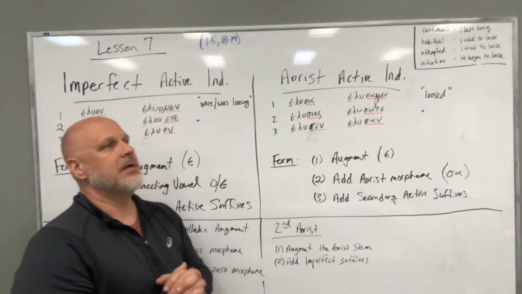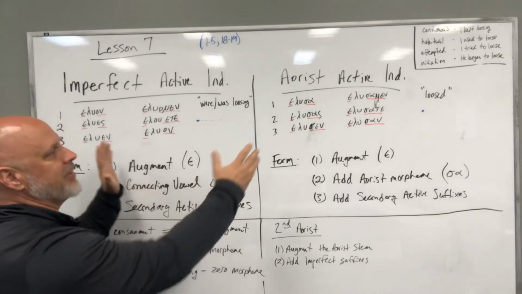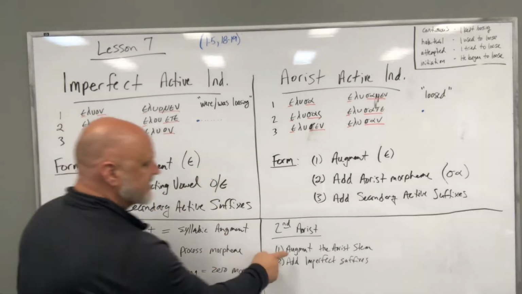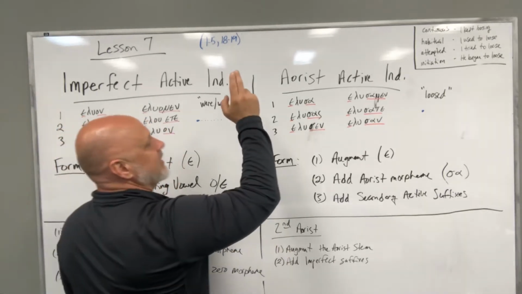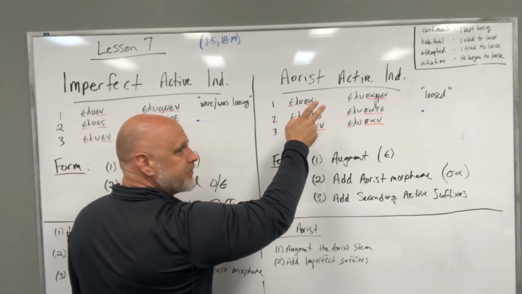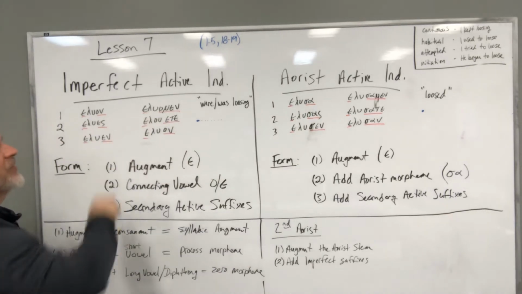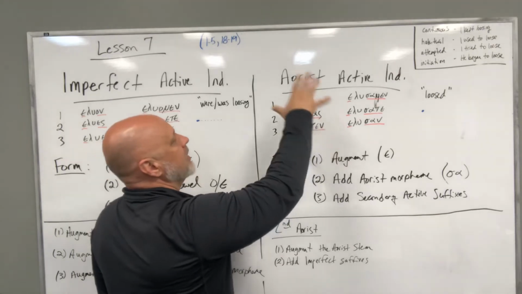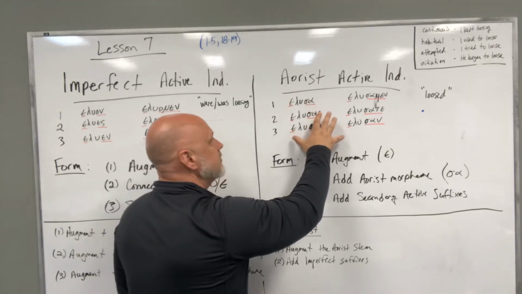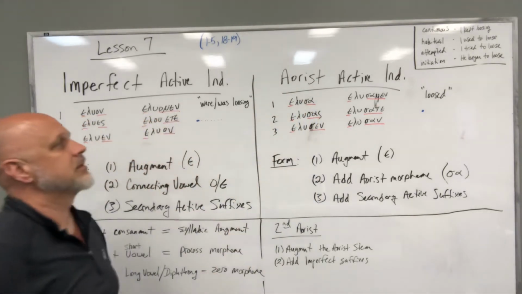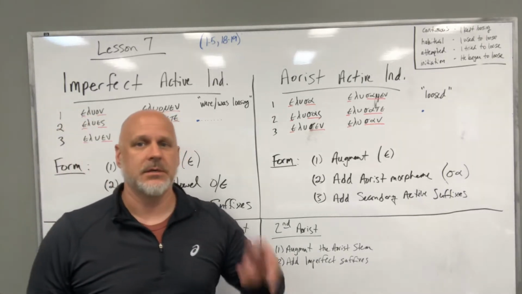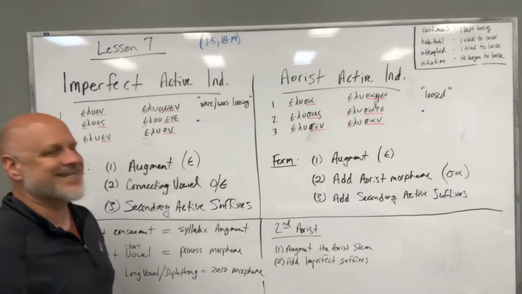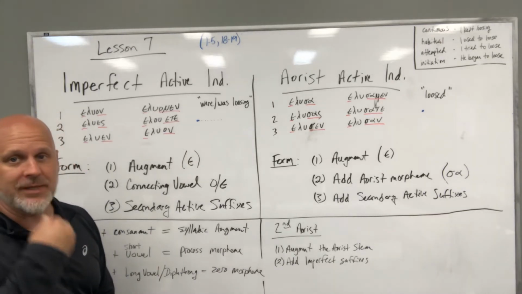So the second aorist is going to be a combination of these two, like a hybrid, if you will. A second aorist is going to take the aorist stem and put the imperfect endings on it. First aorist, which is what we have here, takes the present stem and adds the aorist connecting morpheme and then the secondary suffixes. Secondary meaning these are going to be past tense.